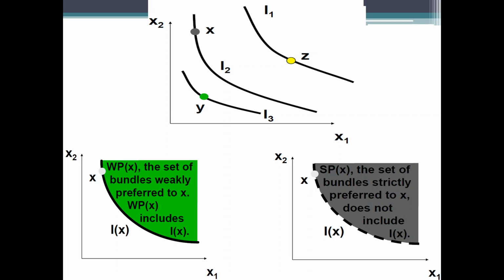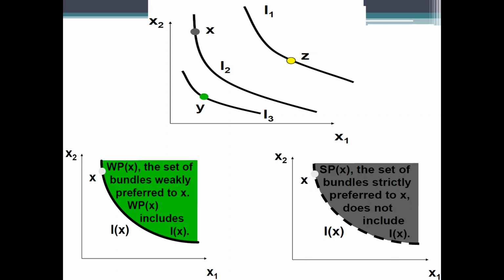So here I'm plotting the first graph with three indifference curves. When we have different indifference curves, we call it an indifference set. So different indifference curves indicate an indifference set.